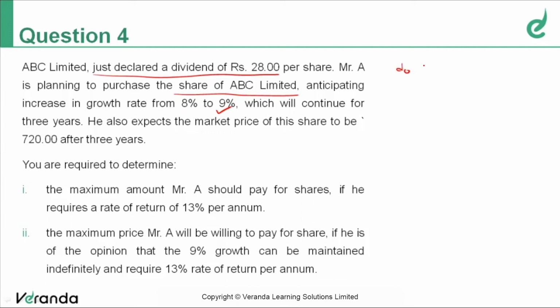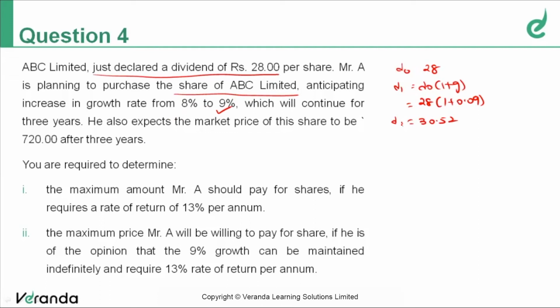So D0 is 28. D1 is equal to D0 into 1 plus g. D0 is 28, 1 plus 0.09. 28 into 1.09 is 30.52.